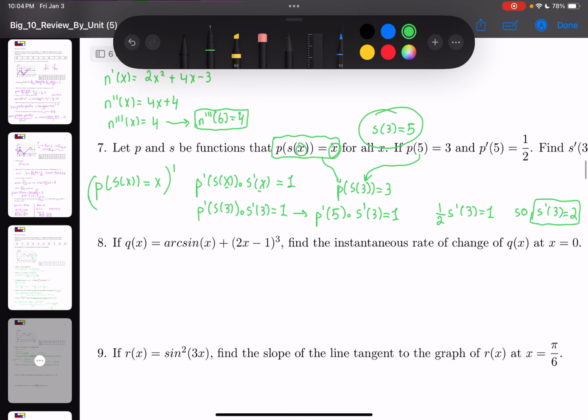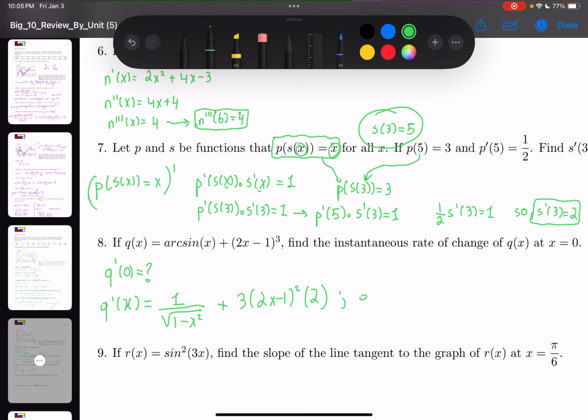Now, number 8, we got arcsine x plus 2x minus 1 to the power of 3. Instantaneous rate of change at x equal to 0. So, same exact thing. We're going to find q prime of 0. But before we do that, we need to find q prime of x. So the derivative of arcsine x is going to be 1 over the square root of 1 minus x squared, plus chain rule: 3 times (2x minus 1) to the power of 2 multiplied by the derivative of the inside, which is basically 2.